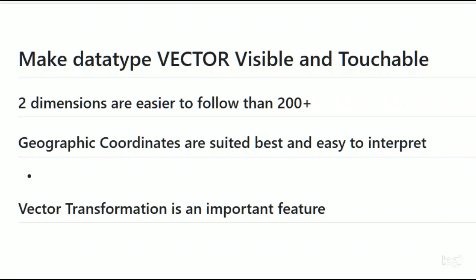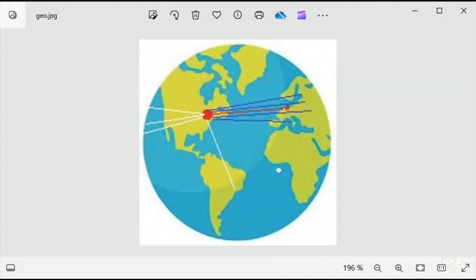One of the important features that were required is vector transformation. What this refers to is that geographic coordinates are based on a point 0, 0. This is this tiny point in the Atlantic Ocean, somewhere in the Gulf of Guinea, in the middle of the water.